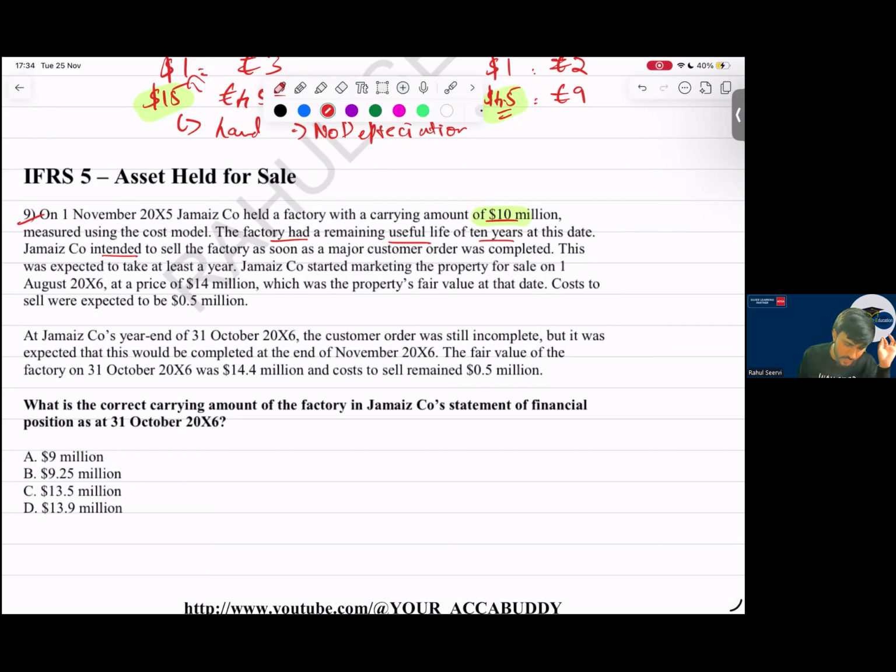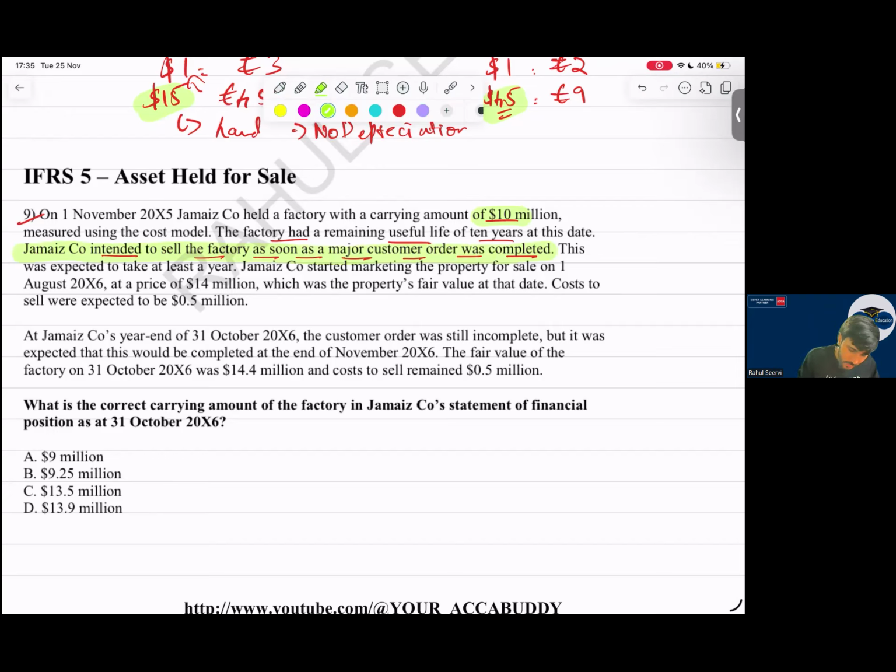J intended to sell the factory as soon as a major customer order was completed. Same thing, in the class also we have done two questions regarding the same MCQ. So once the order is completed, the asset will be classified as held for sale after that day only.